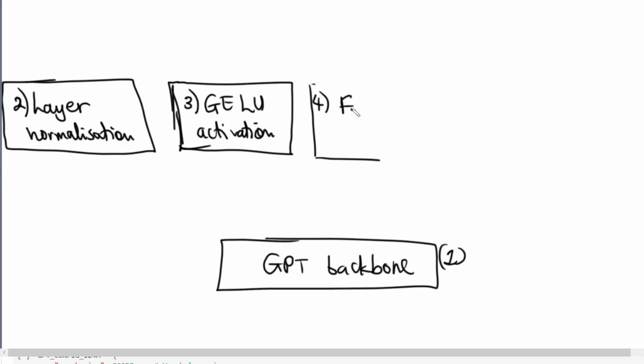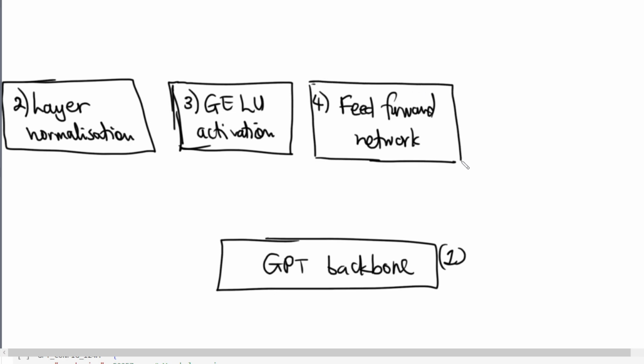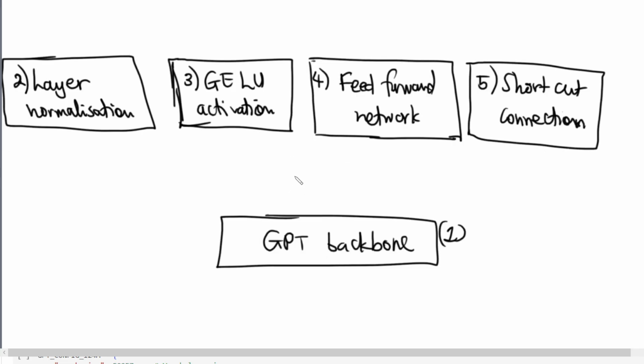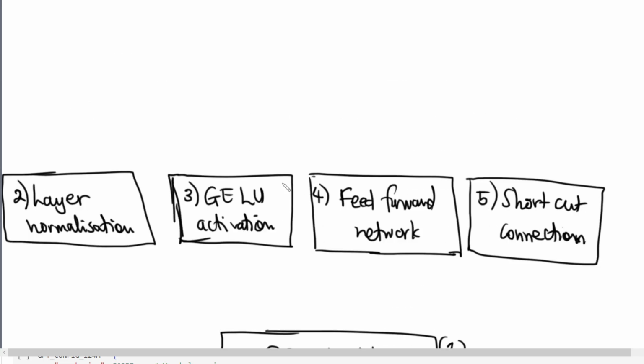And then four, we are going to discuss the feed forward network that comes close towards the end. And then we are going to discuss shortcut connections. Right at the beginning of this course, I did say that in an upcoming chapter we are going to have shortcuts. You might remember me briefly saying that.